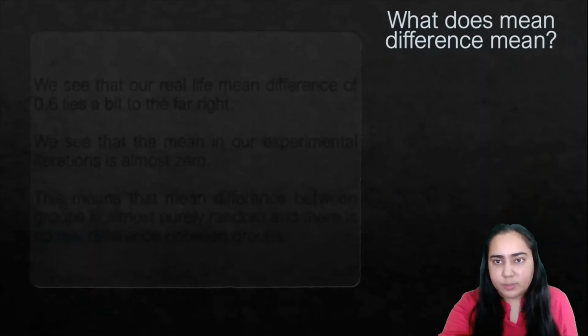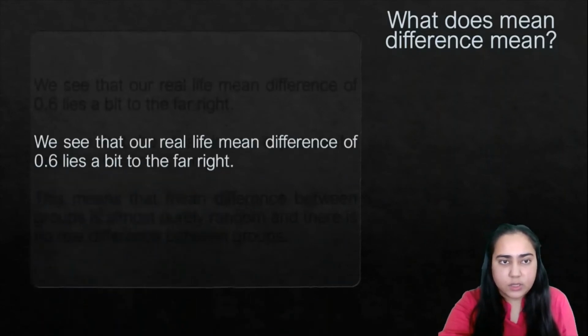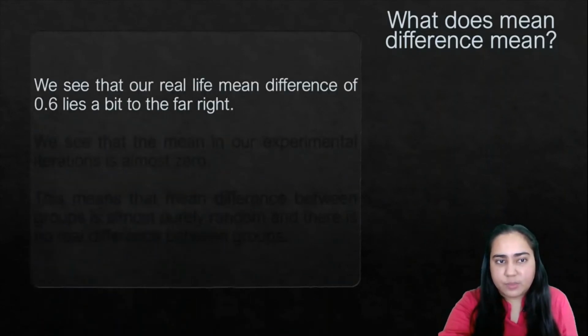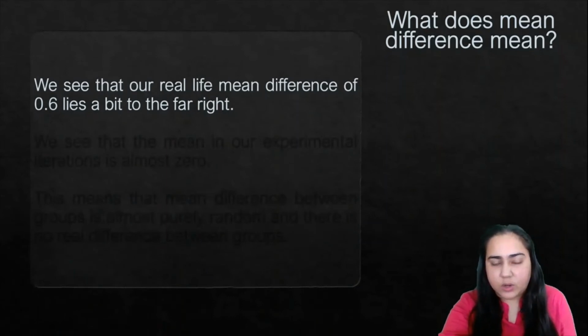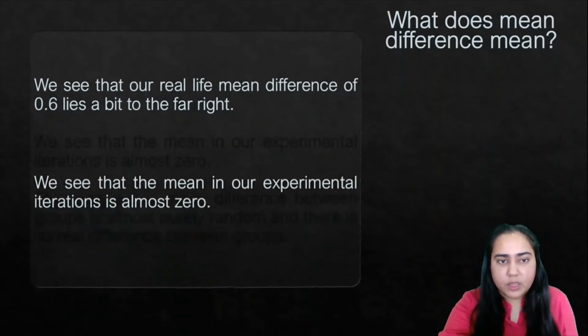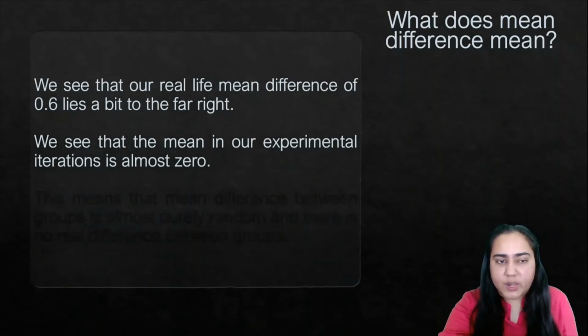Now, what does mean difference actually mean? What does this data tell us? We see that our real life mean difference of 0.6 lies a bit to the far right in our normal distribution graph. And we see that the mean in our experimental iterations is almost zero, because it's 0.00087.